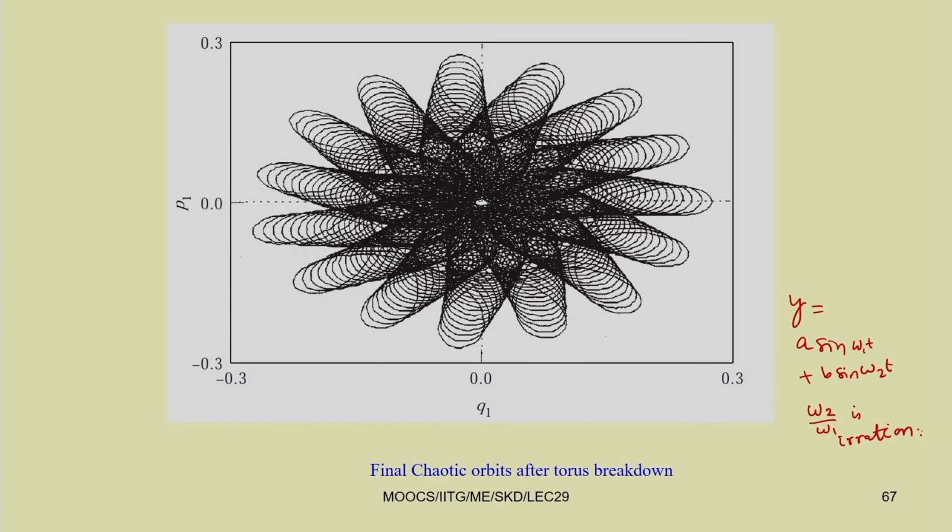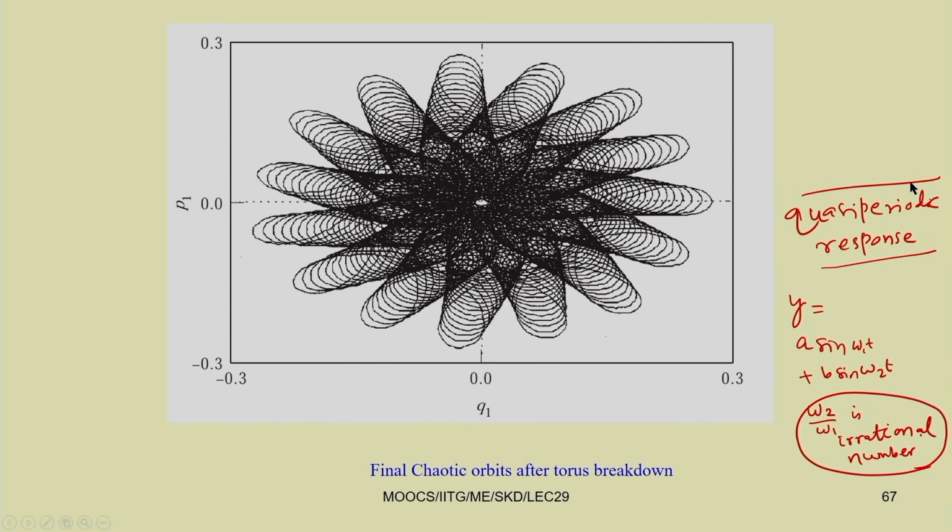If it is an irrational number, then we can get a quasi periodic response. In case of quasi periodic response, we can get the torus.